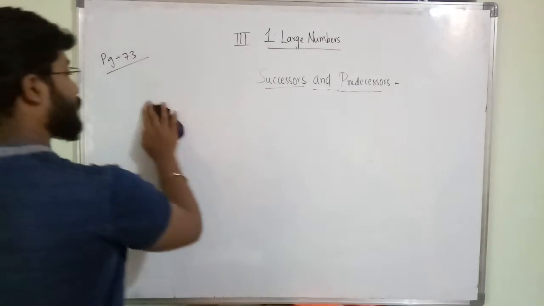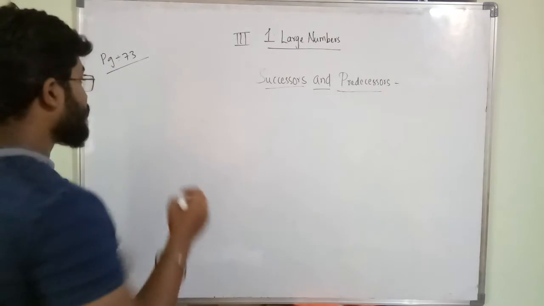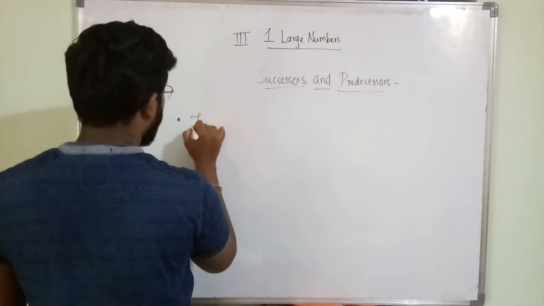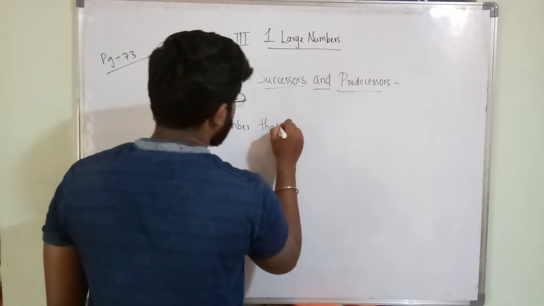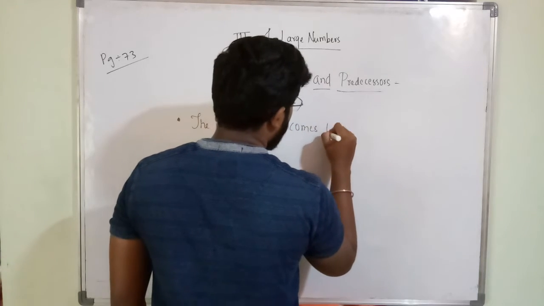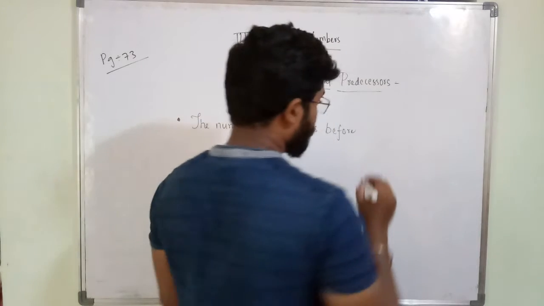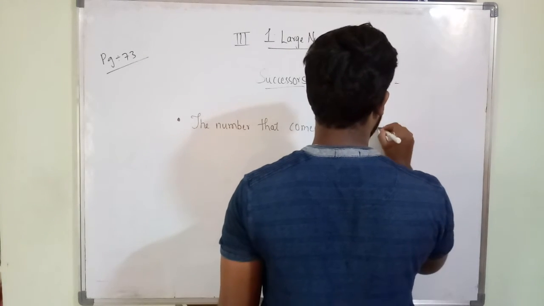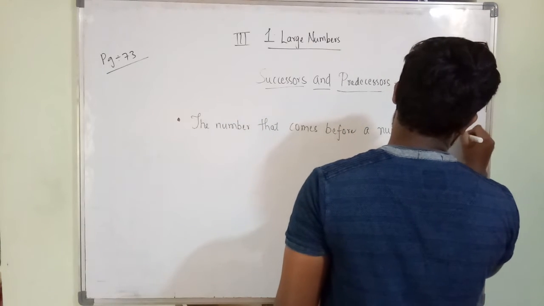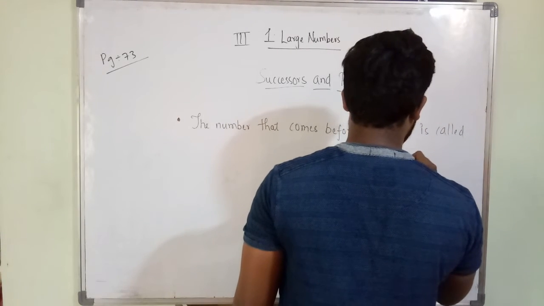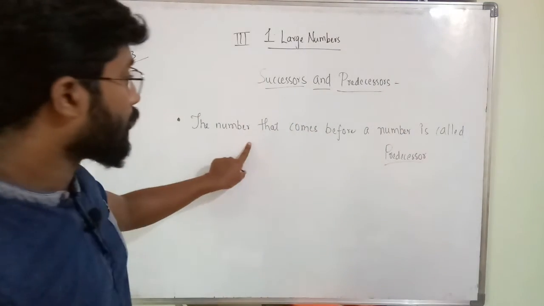So finding out successors, we have completed. Next one is predecessors. Predecessors, just before only I have said, the number that comes before a given number is called predecessor.